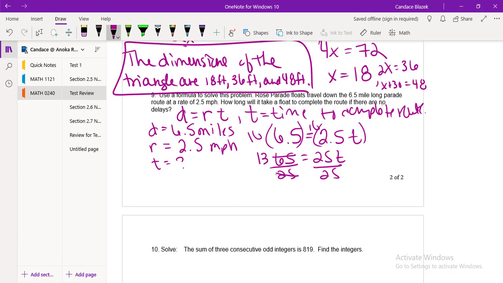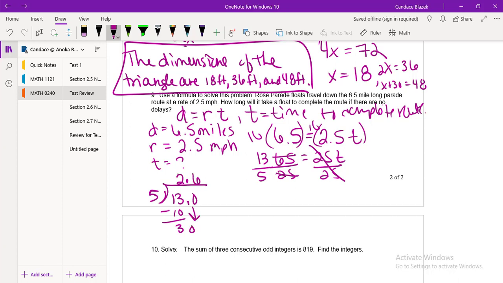We get 13 over 5 equals t. I cancel off to the left. And since we're in decimals, I want my answer to be in decimals. So I'm going to divide 13 by 5. 5 goes into 13 two times. I'm going to bring the decimal down, and 5 goes into 30 six times.